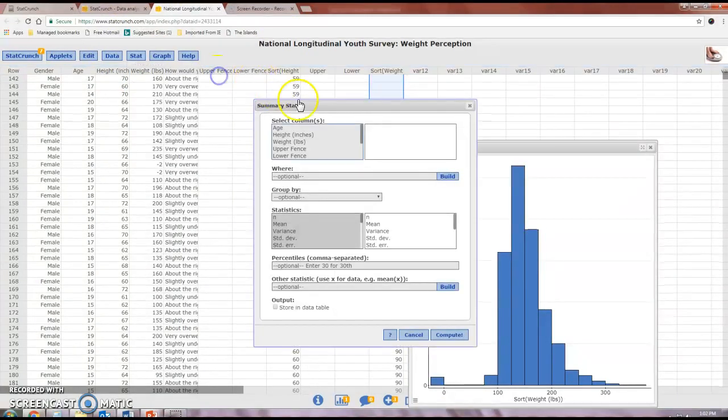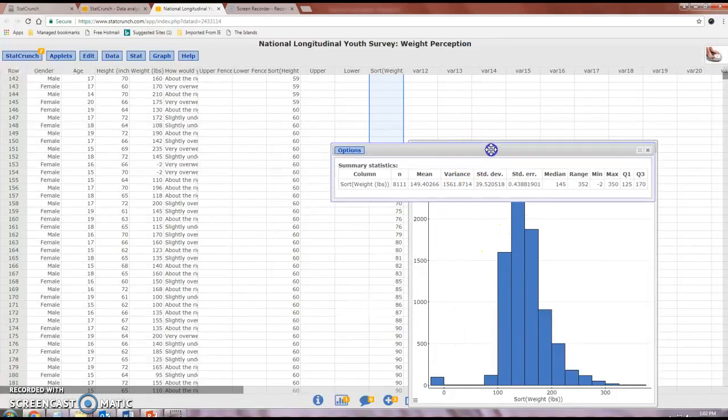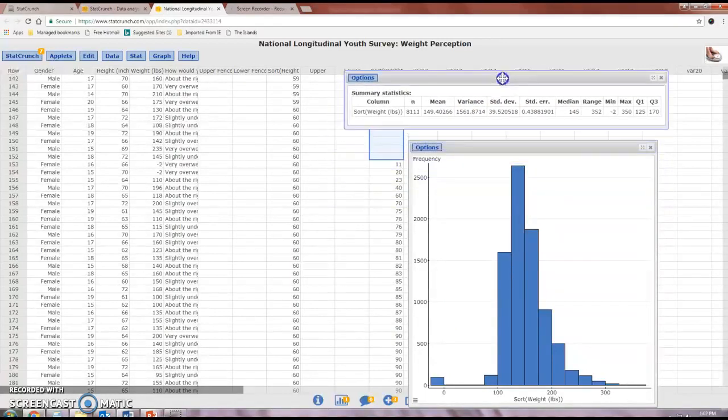Summary stats, columns, sort weight. The average is 149. Okay, so I think getting rid of those outliers could give us a better representation of what's really happening here. Obviously, someone cannot weigh -2 or -1 pounds.